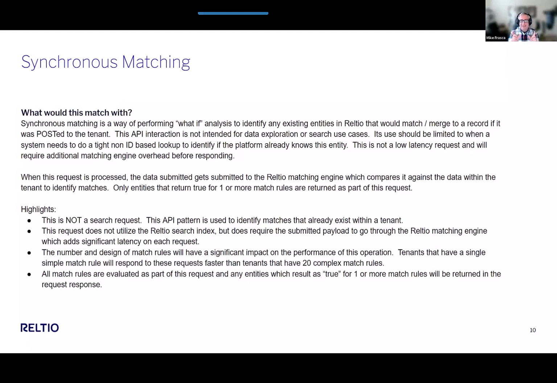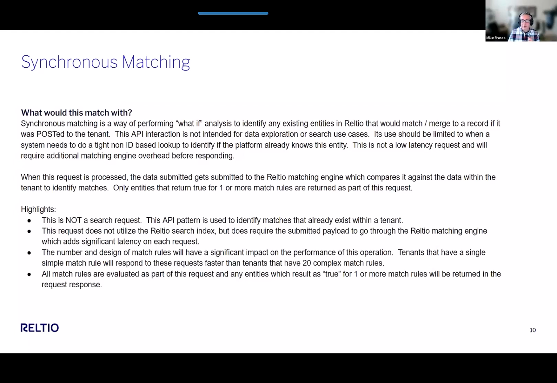We take the object that you send in, we tokenize it, we compare it against all the different things we want to compare it against from the tenant, and we run through the full matching process just as if you loaded it. Your match rules will have a significant impact on the performance of this API. If you have 2 match rules, it should be significantly faster than if you have 40 match rules for this request.